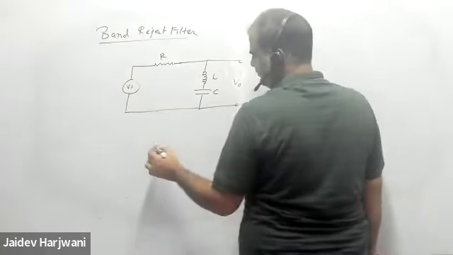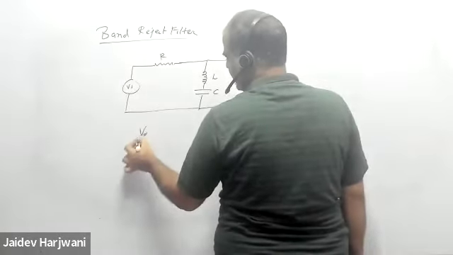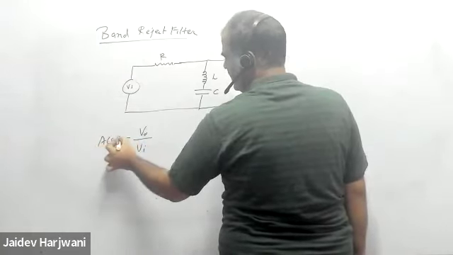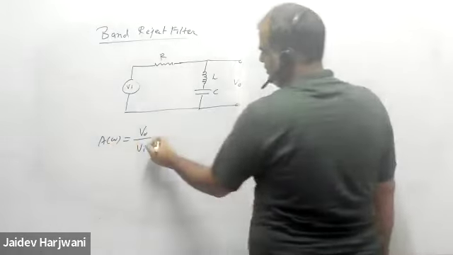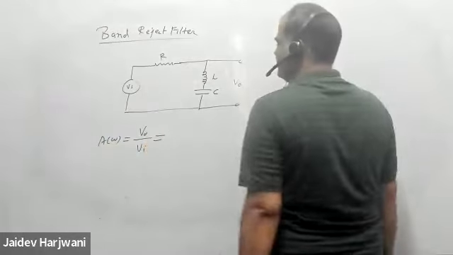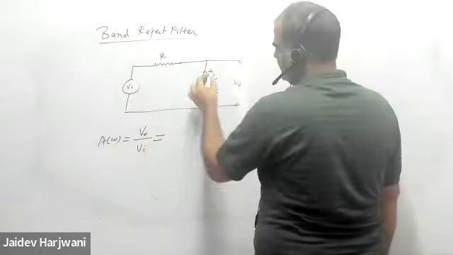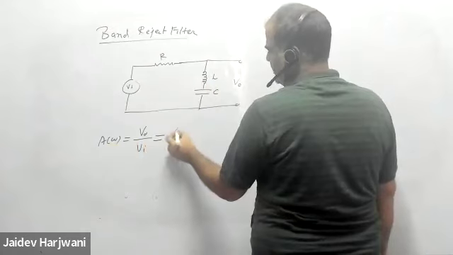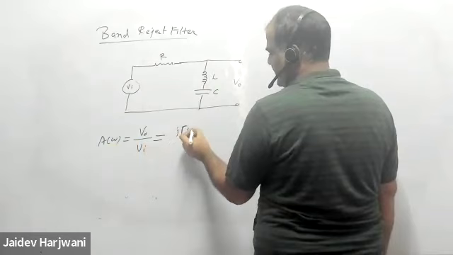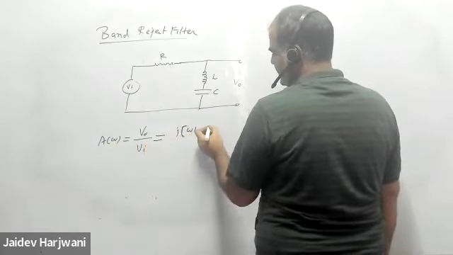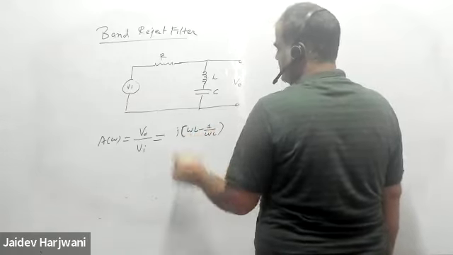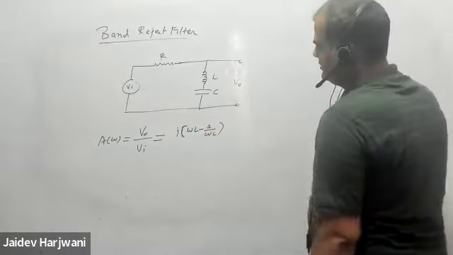Passive filters we are doing, and now V naught by V input, the frequency gain will be what? It will be j omega L minus 1 upon omega C, that is XL and XC.